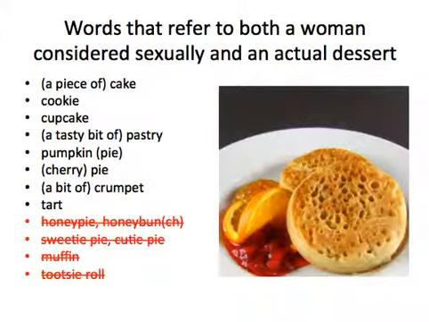So tart really is very similar to piece of cake, although piece of cake has lost the connotation as being a sexual metaphor. The other ones there, of course, Hines has ruled out because they're not really dessert. They're just cute names: honey pie, honey bunch, sweetie pie, cutie pie, muffin, tootsie or tootsie roll, which are not exactly desserts.